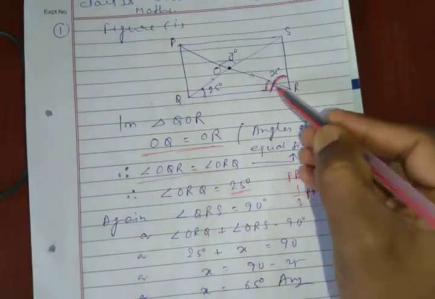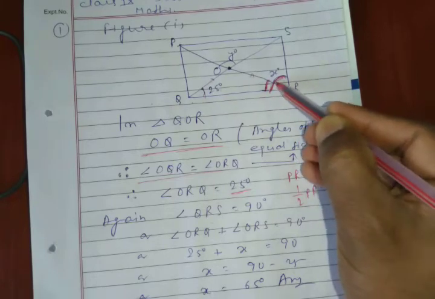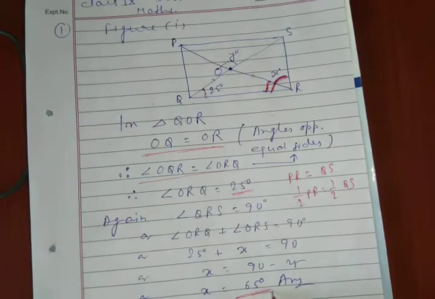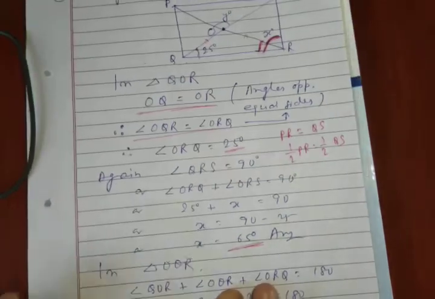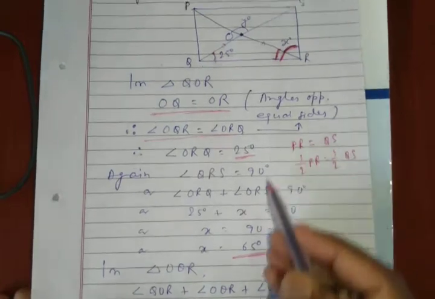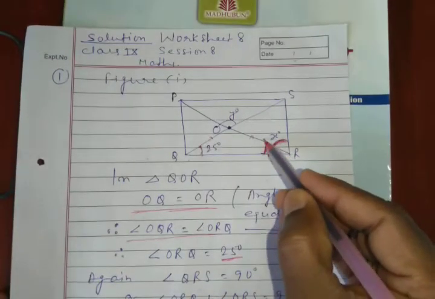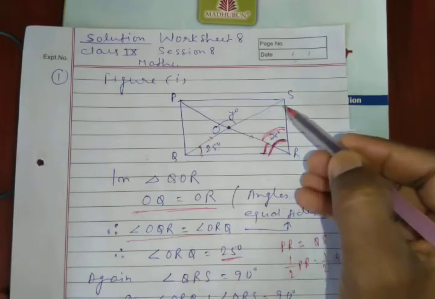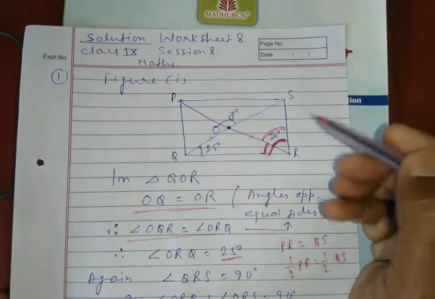So this is 90 and this is 25. Then this angle will be equal to 90 minus 25, that is 65 degree. I have found that here. This is 65 degree. And now we have found this angle 65 degree, then this will also be 65 degree.